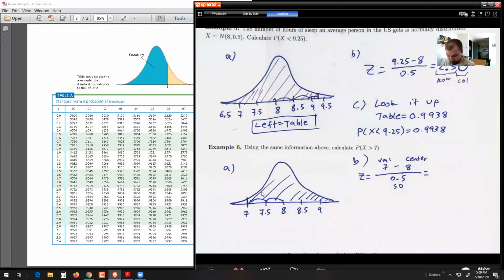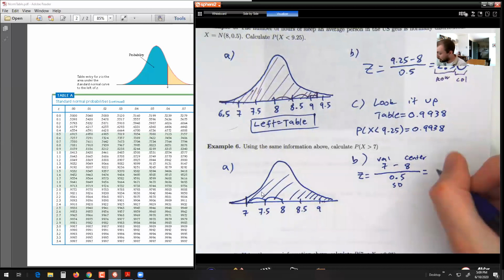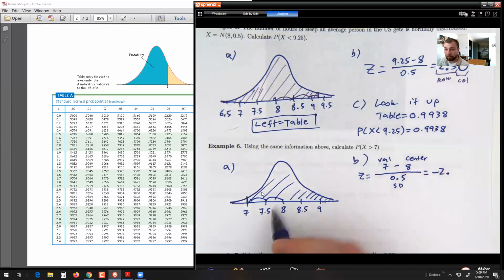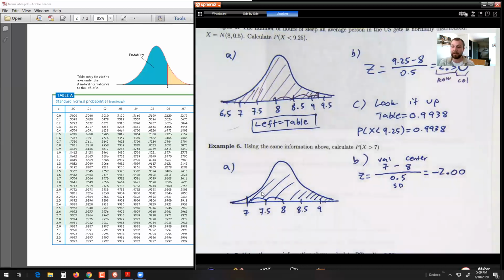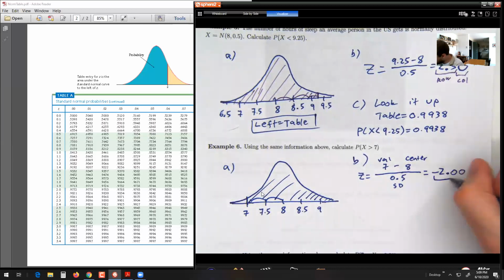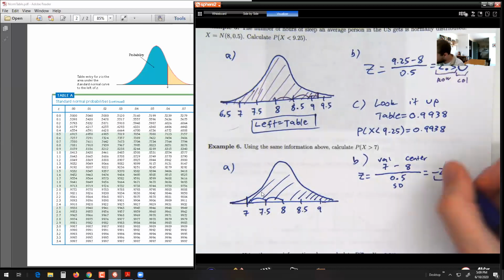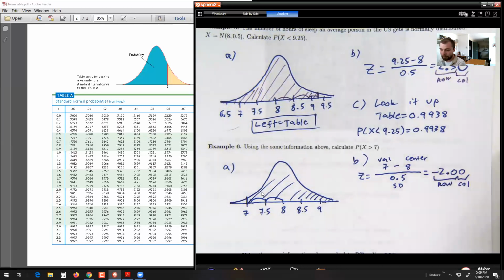Typing this in a calculator, I get -2 standard deviations away, as it looks. I'm writing that as -2.00 because I need 2 digits after the decimal, so that I have both the row and the column for the value I'm trying to find.